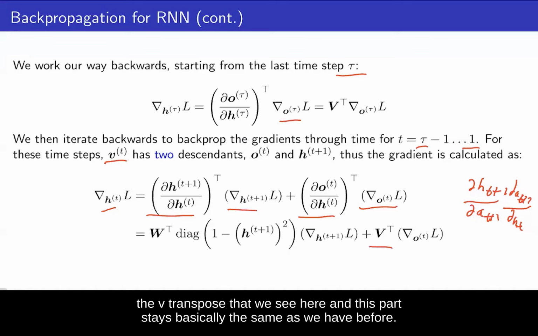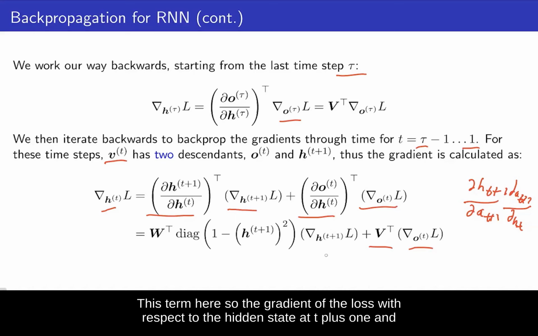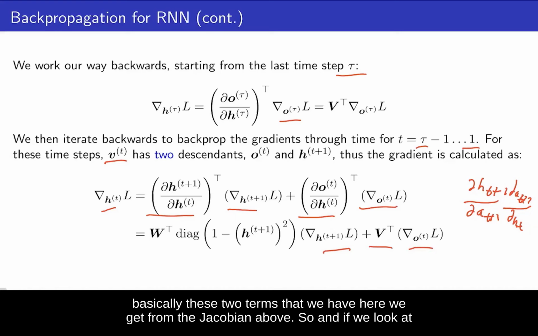And this part stays basically the same as before. If you look at the first term, this term here also remains the same: the gradient of the loss with respect to the hidden state at t plus 1. And these two terms we get from the Jacobian above.